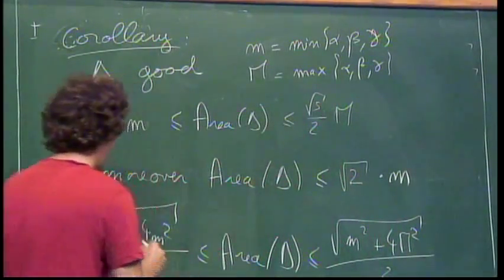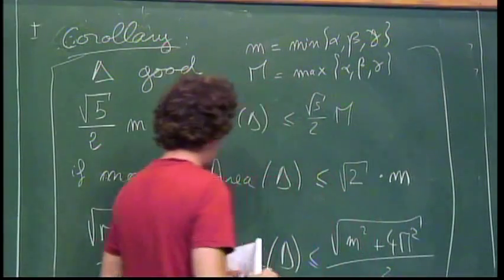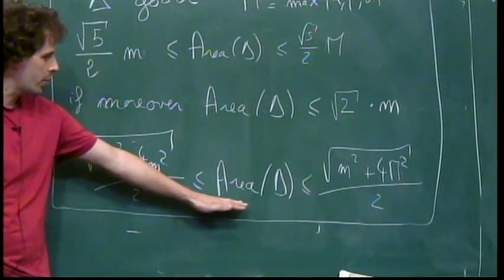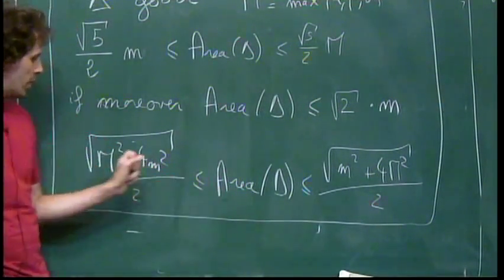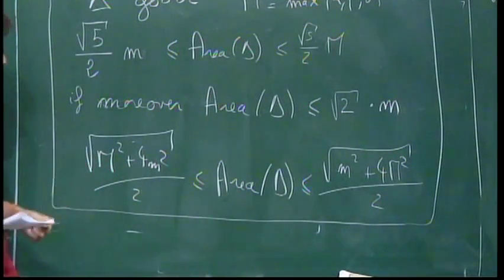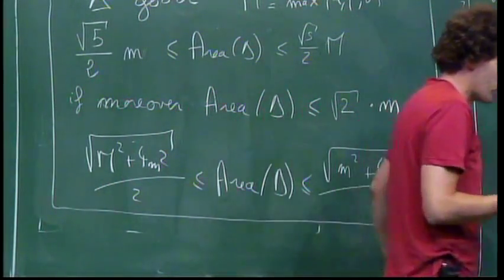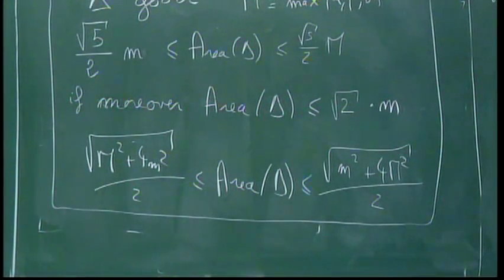And this is wonderful, because if you know something on the area of the triangles you are studying, it will tell you something on the maximum area of the sides, which is something I want to quantify. So this is where we have something precious. So yeah, let me sketch the proof of the restated theorem that I already erased.